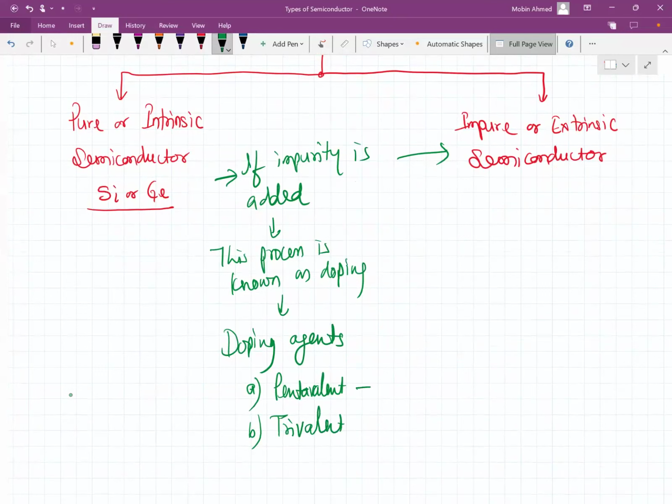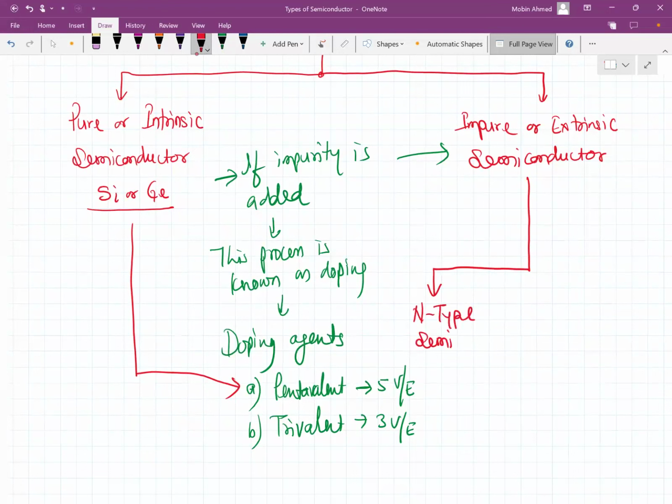Why do we choose these? Because one has 5 valence electrons and the other has 3 valence electrons. If I add the pentavalent one to silicon, it becomes a semiconductor known as N-type silicon semiconductor, in short, N-type semiconductor.